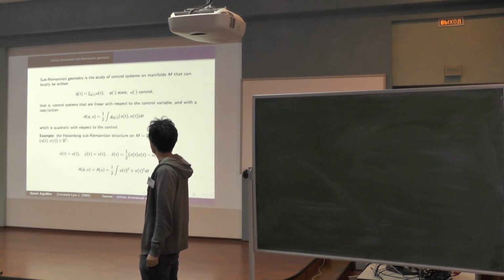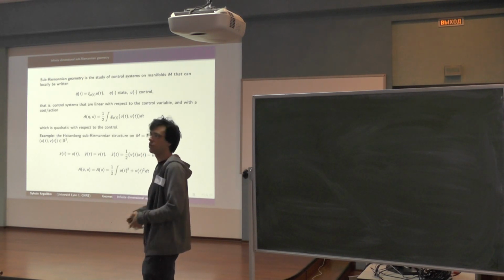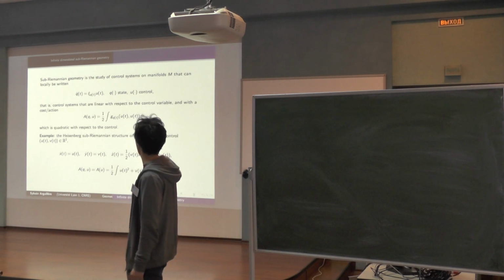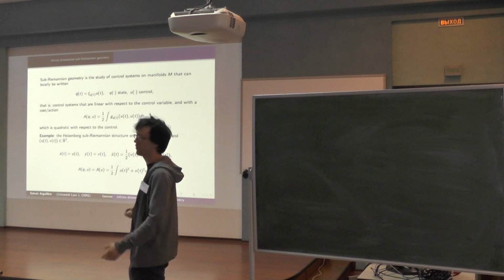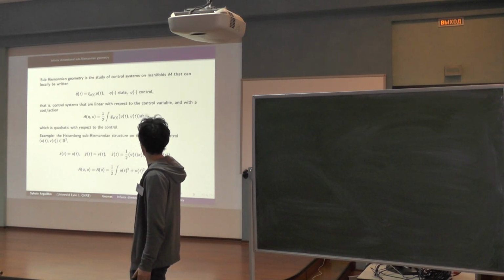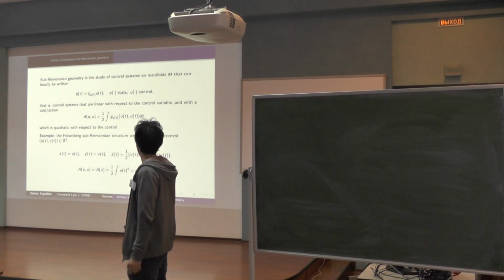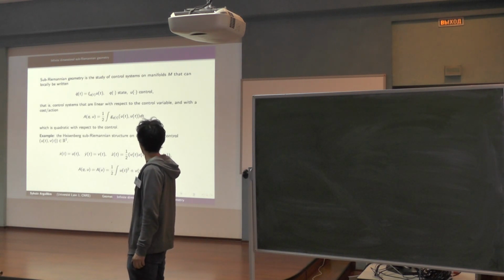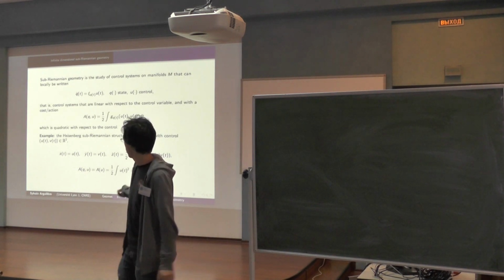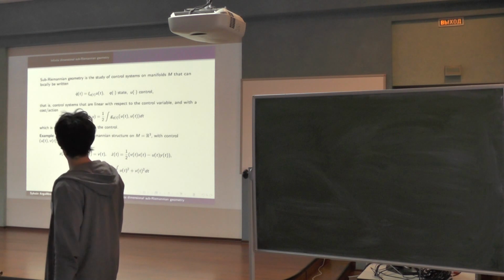The first two coordinates move completely independently, but the third coordinate satisfies some equation. So you have x dot equals u, y dot equals v, where u and v are the control, and then z dot equals half of (vx minus uy). The cost is just half of the integral of u squared plus v squared.